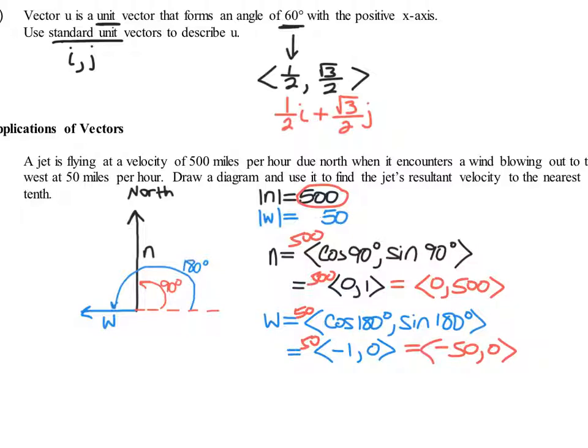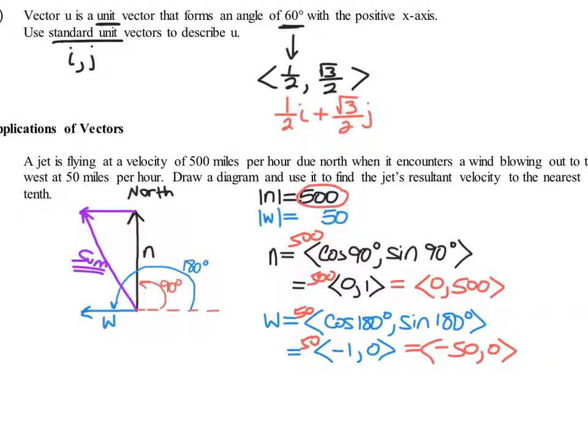Now, what we want to do with our diagram, the diagram was fine, it's just all the other stuff was the problem. So, still the tail to the tip. The reason why I would do this is because we're looking for the sum of the two vectors.